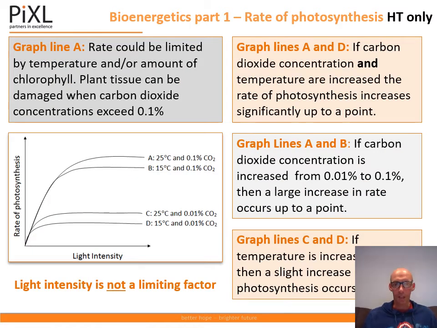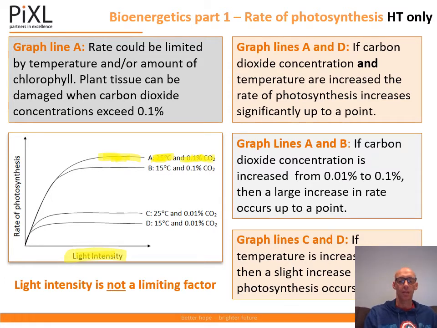Okay, exactly the same idea here. We've got the different temperatures, etc. So here, light intensity is increasing along the bottom. Which one works best? Here at the top, this line here at the top, it's got a nice warm temperature, 25 degrees, and it's got 0.1% carbon dioxide.